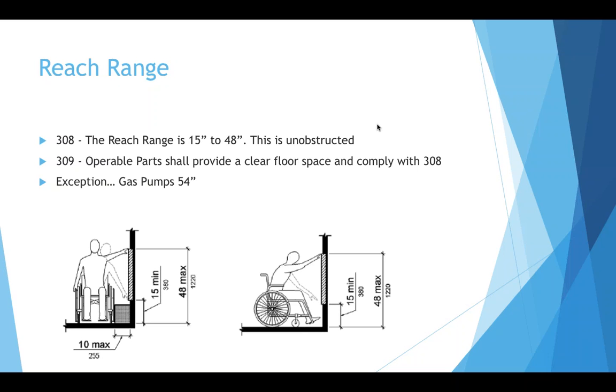So they did not take away that 54-inch reach range height that you used to have. The side reach range prior to the 2010 ADA standards was 54 inches, but just strike that out, toss it away. That's not the case anymore. The 54 inch is gone, except for gas pumps.